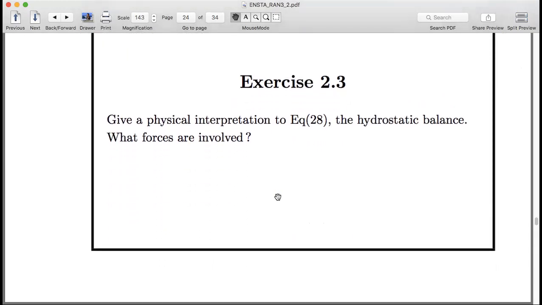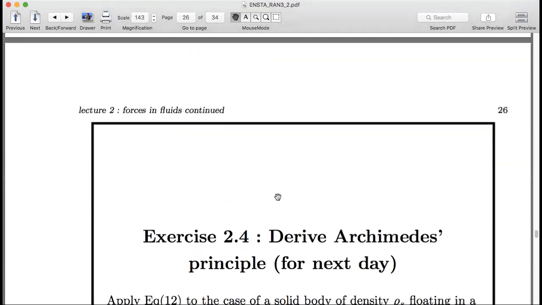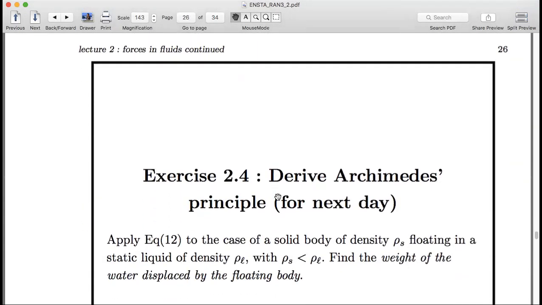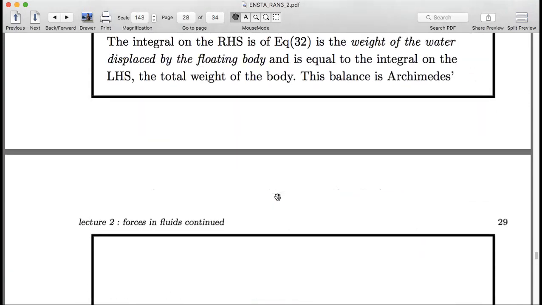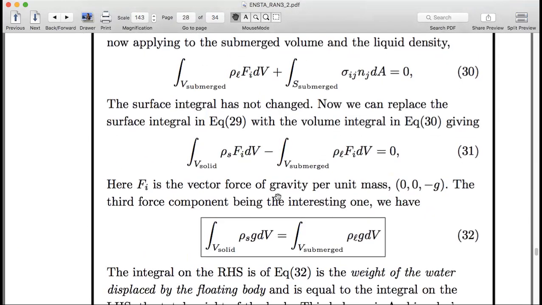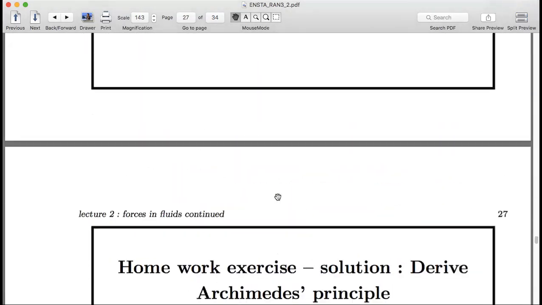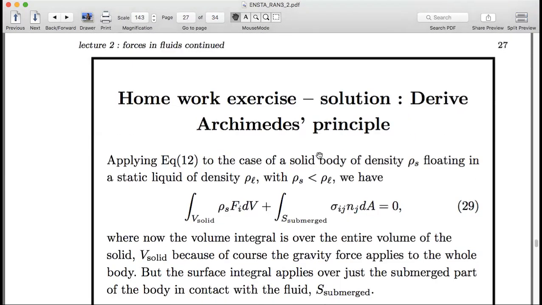Yeah, and please don't hesitate to contact me by email if you have any questions. In fact, I suggest you look at exercise 2.3 and exercise 2.4 because you have all the tools you need for exercise 2.4 as well. And there is the solution to the exercise immediately after.